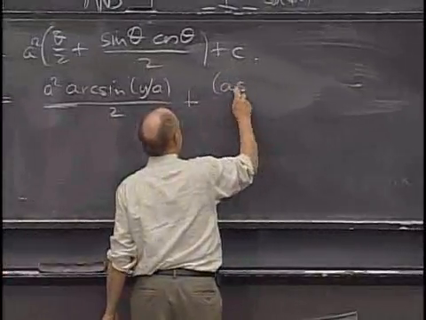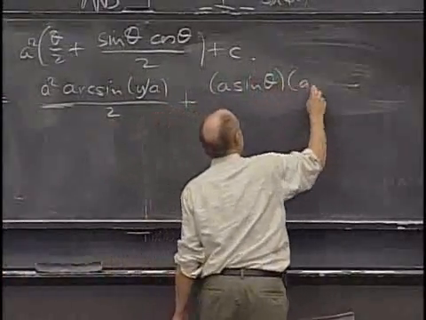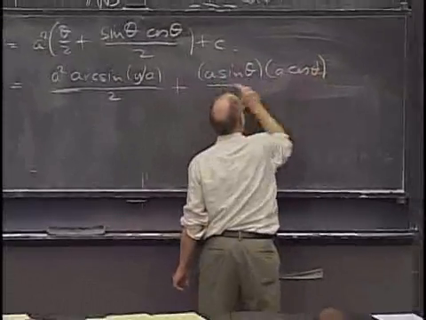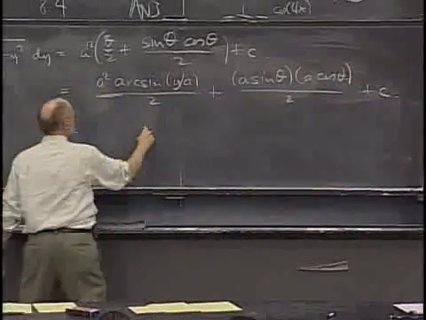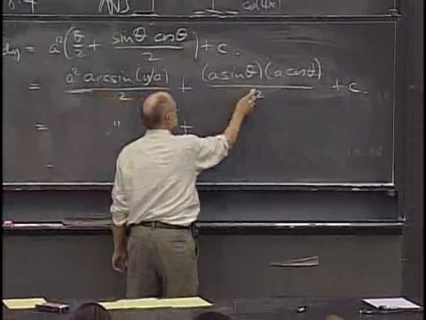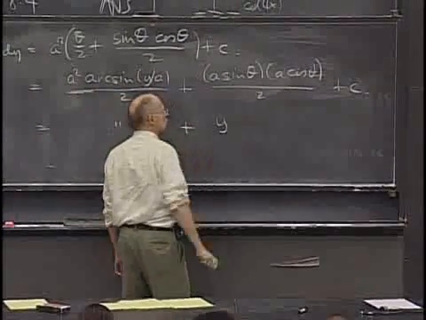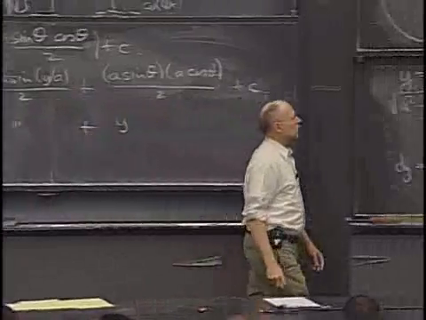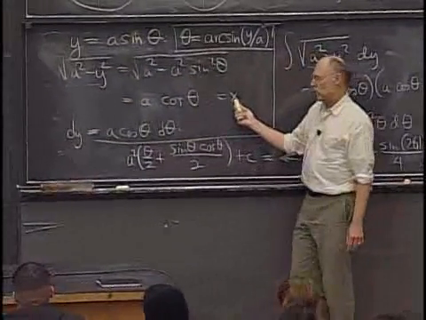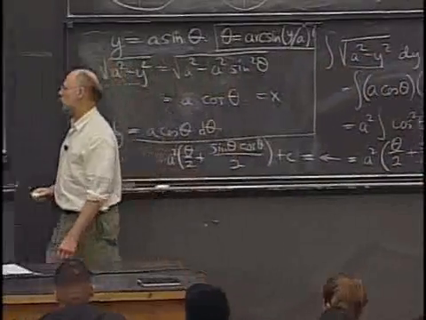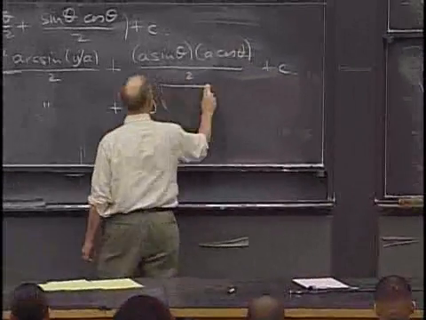Maybe I'll write this as a sine of theta, a cosine of theta over 2 plus c. And so I get the same thing. And now here, a sine of theta, that's y. And what's the a times the cosine of theta? It's x, or if you like, it's the square root of a squared minus y squared.